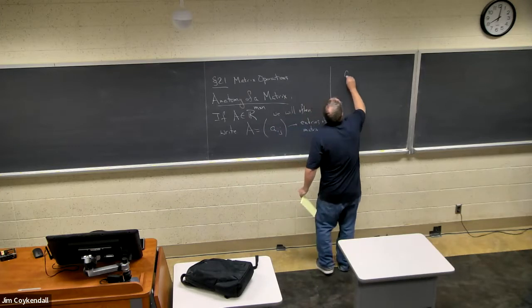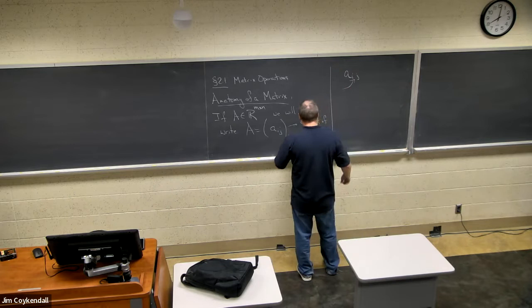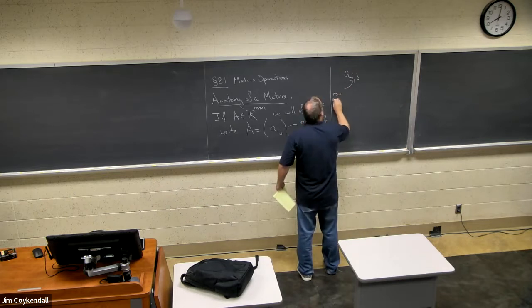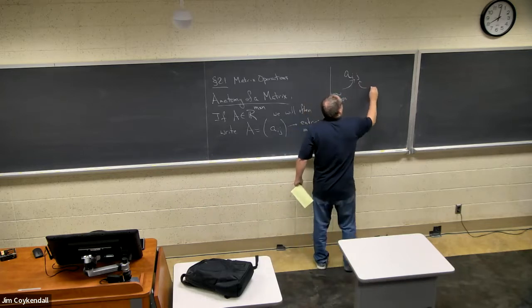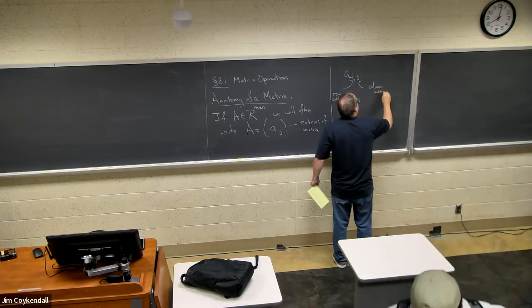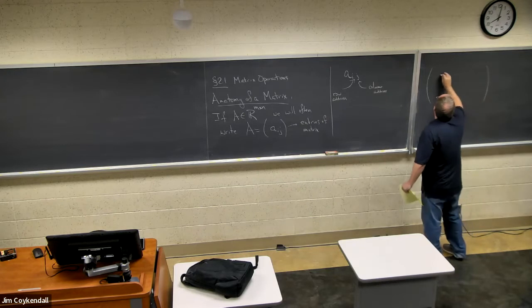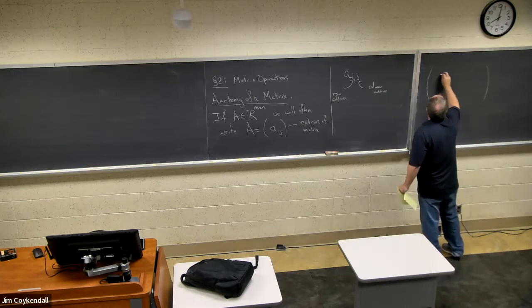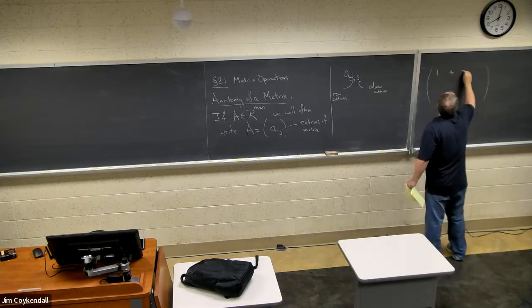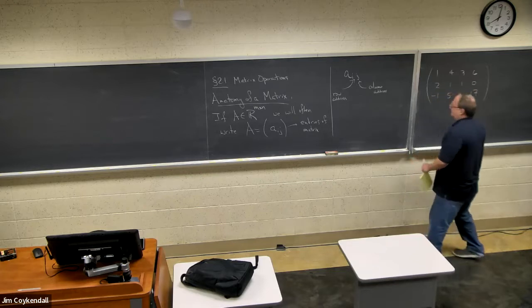Entry of the matrix, and if I have Aij, i is sort of the row address, and j is the column address. For example, if I make this matrix here, 1, 6, 2, 1, 1, 0, minus 1, 5, 6, 17.